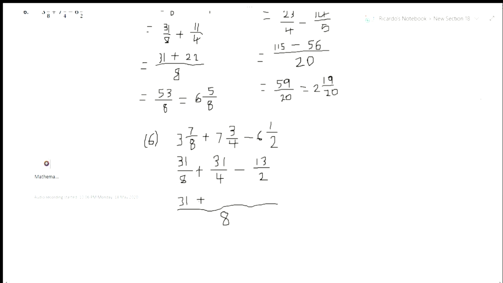It's going to be plus 62. 2 into 8 goes 4 times. 4 times 13 is equal to 52. So going to be minus 52.